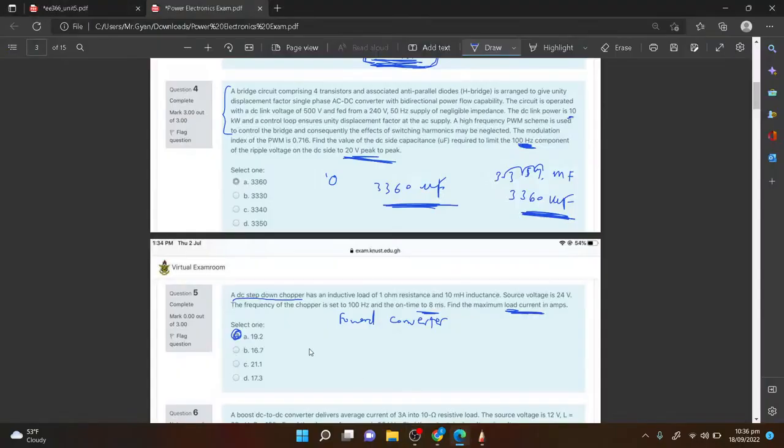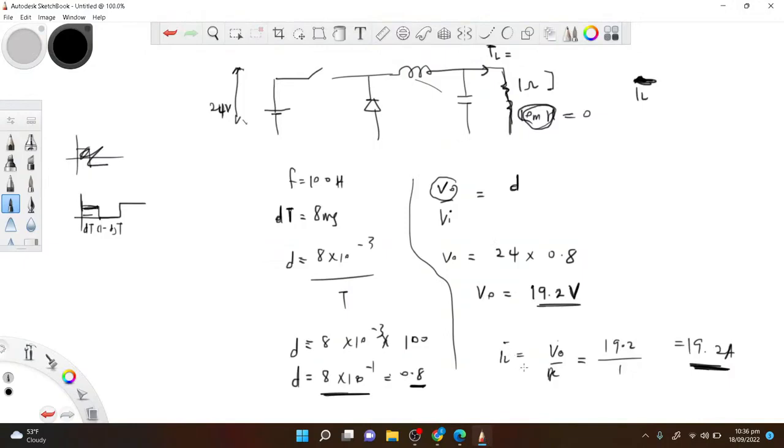We're giving the on time, that's our DT. So we can find D from here, then use this formula to find our V out. Once I have V out, I can continue.